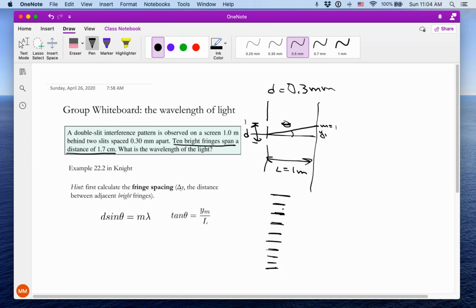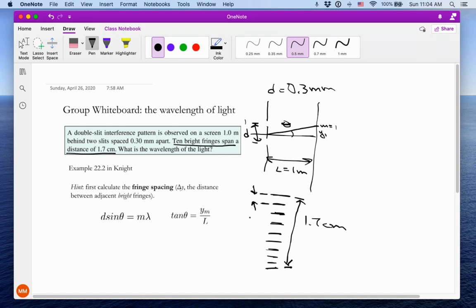If those are my fringes, then the distance from here to here is equal to 1.7 centimeters. And I want to know this distance. Remember, they're all equally spaced. I want to know that distance, and that's the height y1 here.